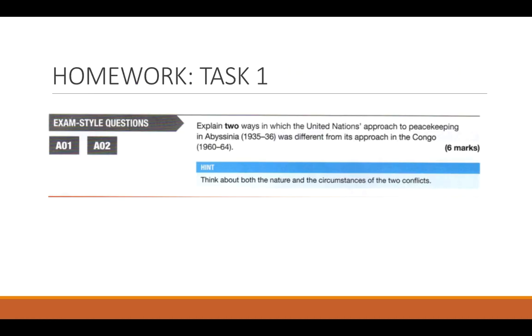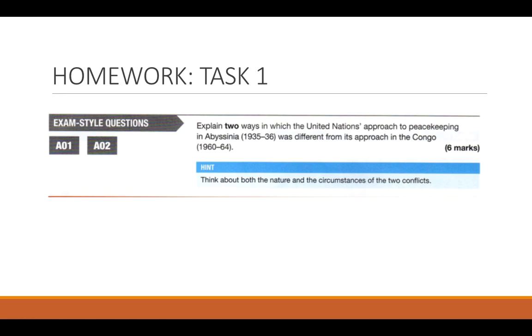So you have a homework: explain two ways in which the United Nations approach to peacekeeping in the Congo was different from the League's approach in Abyssinia. So find two differences between the League in Abyssinia and the UN in Congo. This is a question worth 6 marks. You don't need to write an essay. You just need two paragraphs.